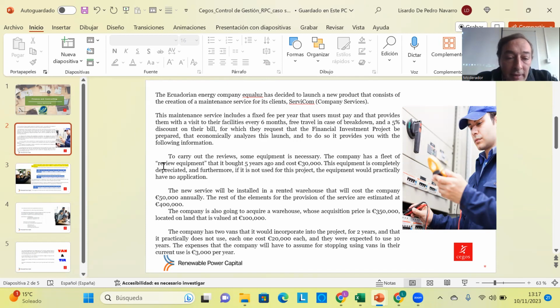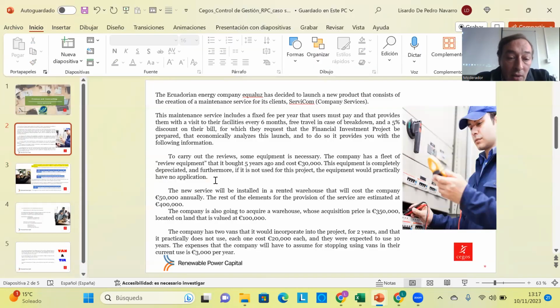The company has a fleet of review equipment that it bought 5 years ago and it cost 30,000 euros. This equipment is completely depreciated, and furthermore, if it's not used for this project, the equipment will practically have no application. So, as we mentioned during the class, this is a sunk cost.